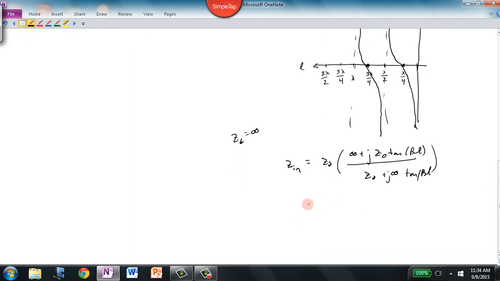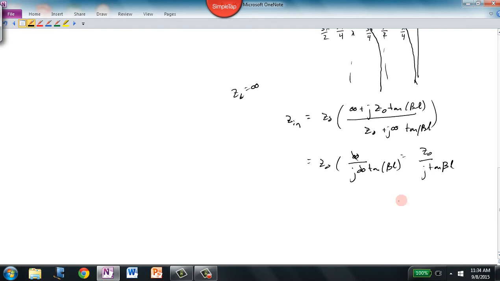That gives us Z0 times infinity over j infinity tan beta L. My infinities are going to cancel. That gives me Z0 over j tan beta L, which is just equal to minus j Z0 cotangent of beta L. And that's the input impedance for the special case of an open circuit.